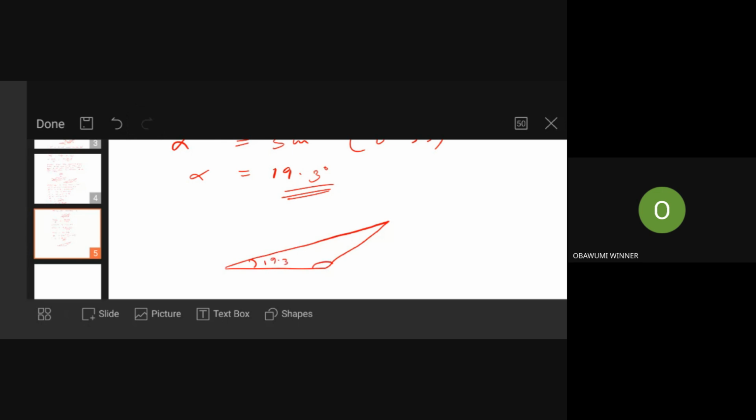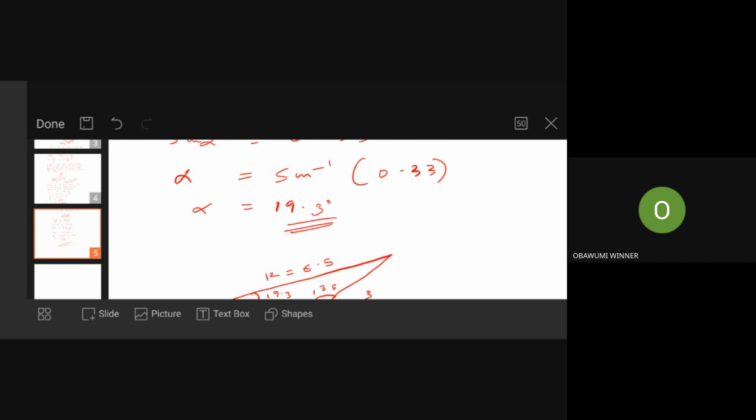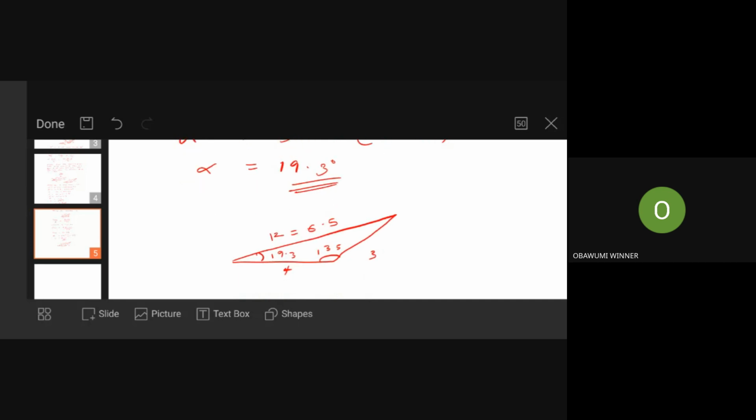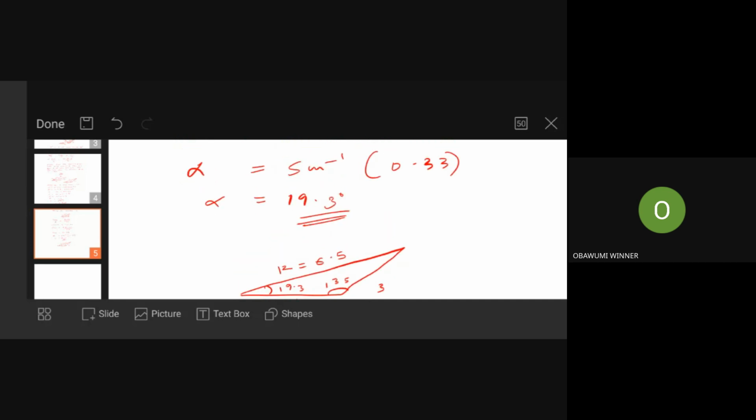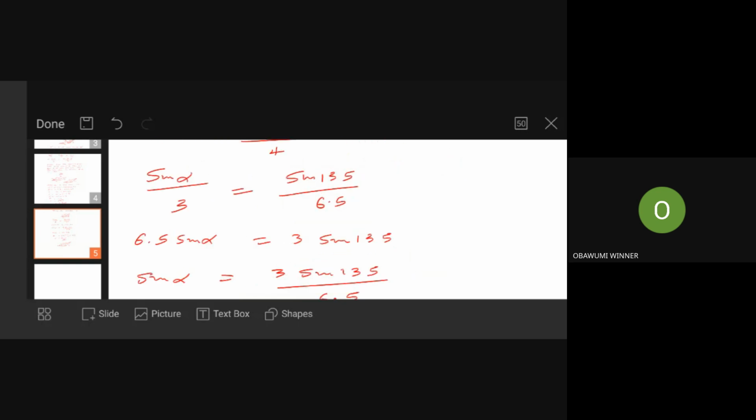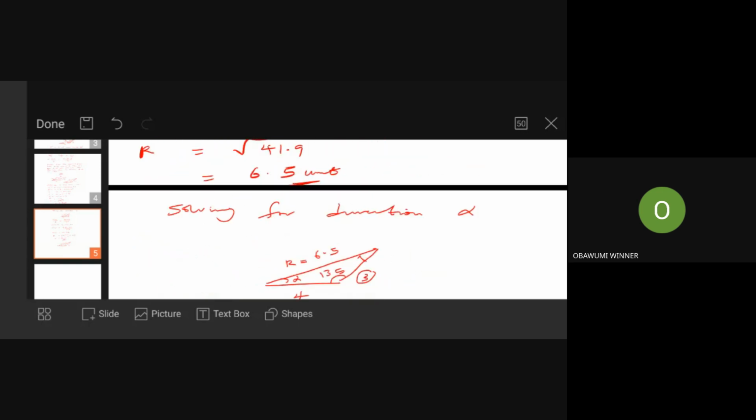This angle is 135 degrees. R is 6.5, here is 4, and this other side is 3. So this is what the solution to that question looks like. Clearly, the direction of the vector is 19.3 degrees, and the resultant vector is 6.5.